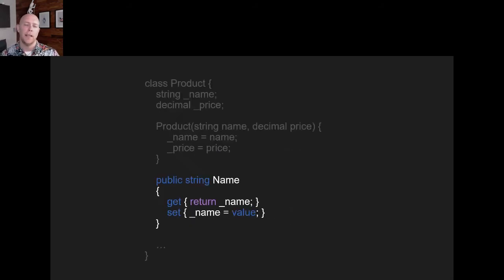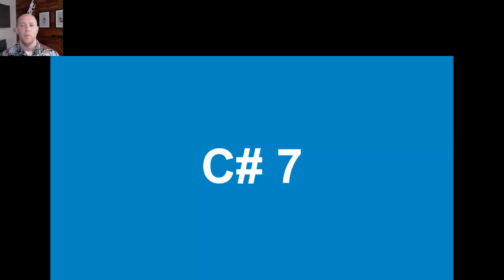However, if you want to do get set, you're back to this. So if it's a get and set, you have to include both of them, in which case it's probably easier to just go get semicolon, set semicolon, and remove the backing field, to be perfectly honest. But in C# 7, they decided that, hey, we like that idea of having gets and sets because you could do things in there.